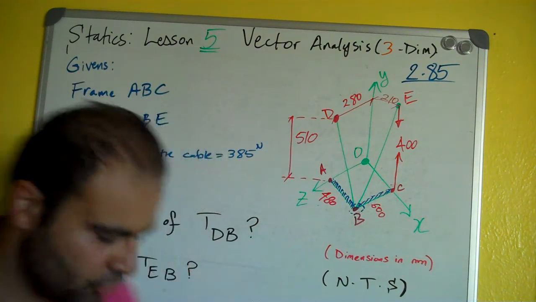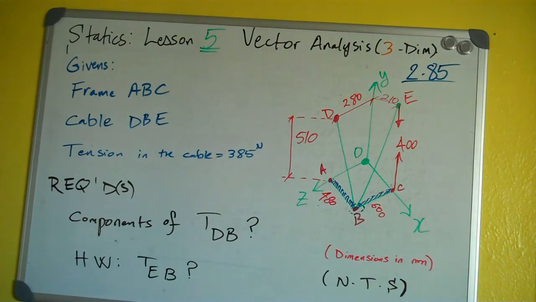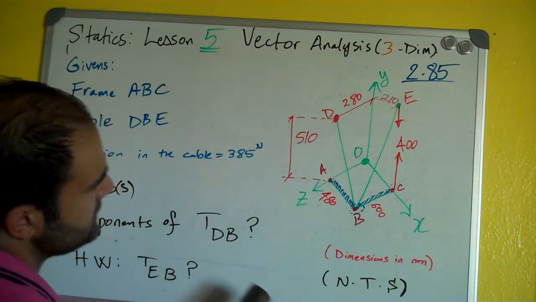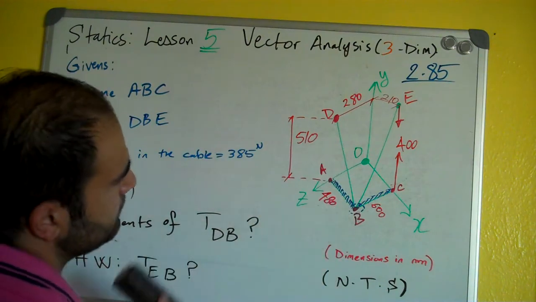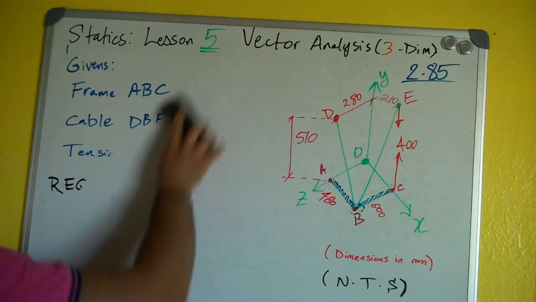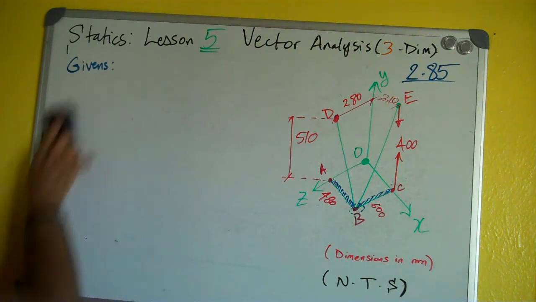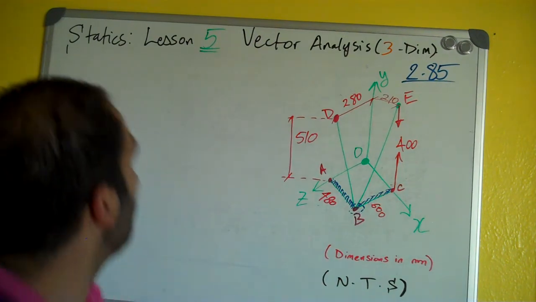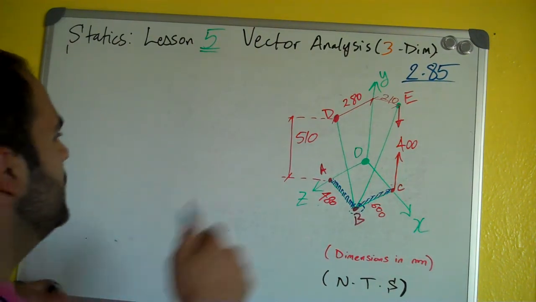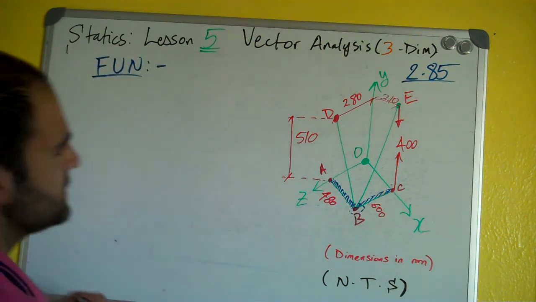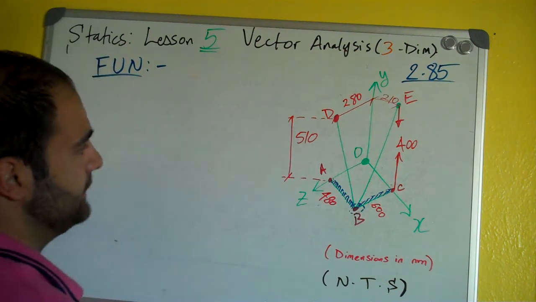Let's go. I'm going to erase this, and remember, we're being asked to find the components of tension DB. A lot of people get confused when it comes to 3 dimensions. The first thing you have to do is write one word, and hopefully it's going to make it easy: solution.